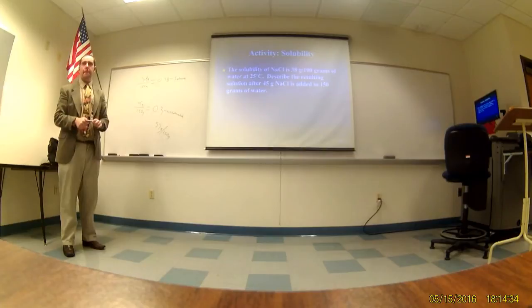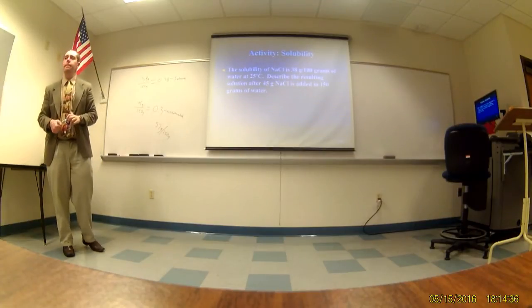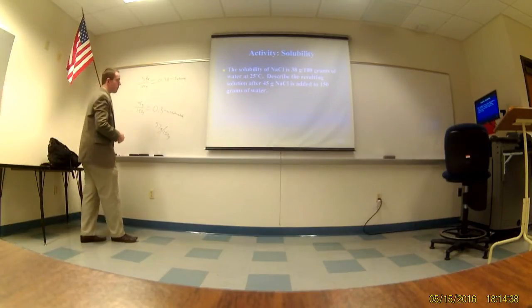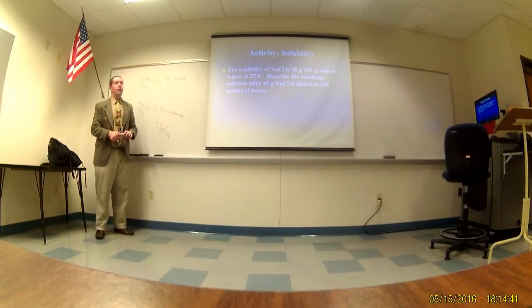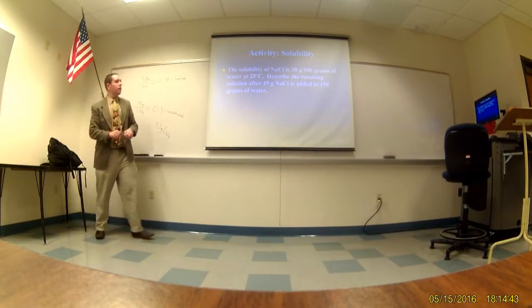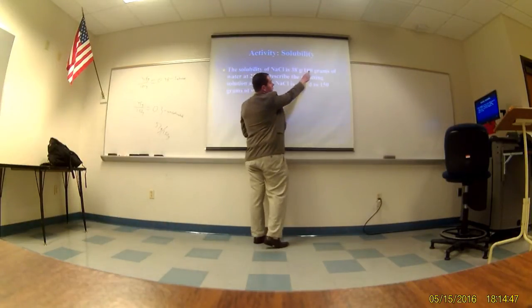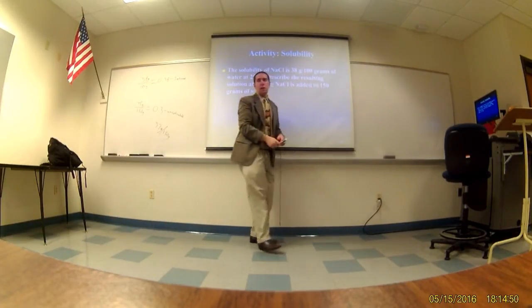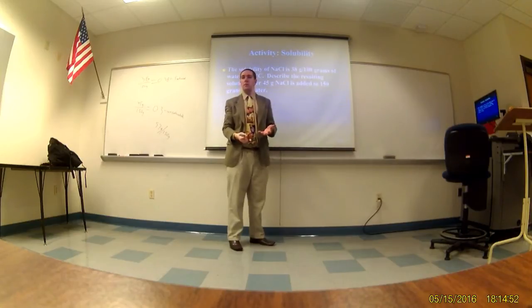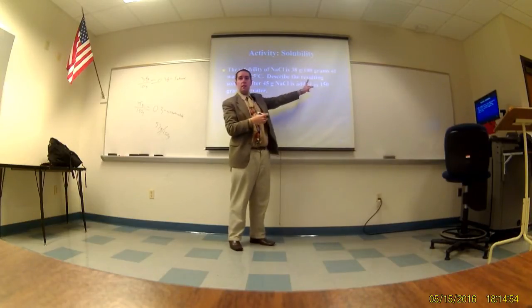Anybody hung up? A quick question on how you got the 57 grams out of the 150. Did you just multiply 38 times 1.5? In the case being 150 grams is the 1.5. Correct. In order to go from 100 to 150, you have to multiply by 1.5. Right? Do you see that?